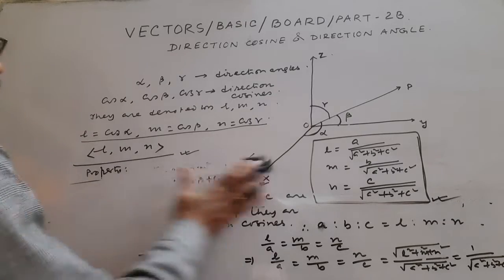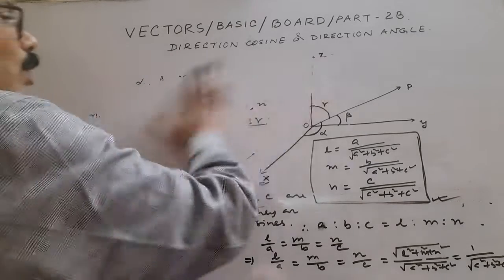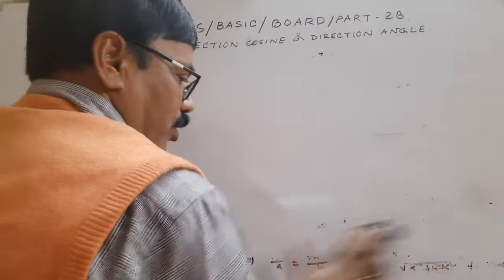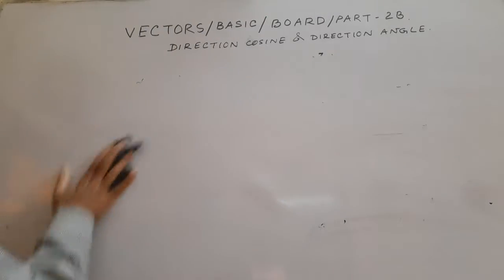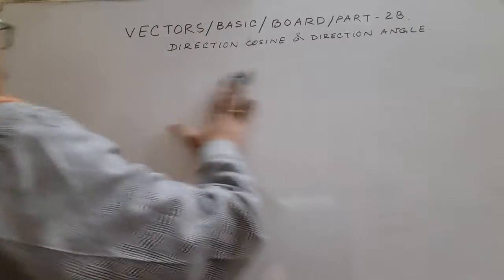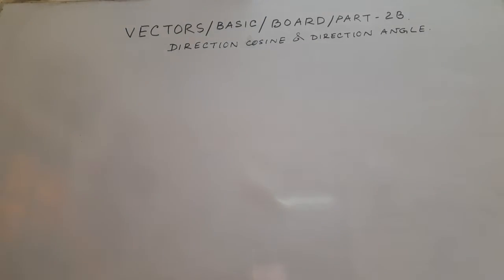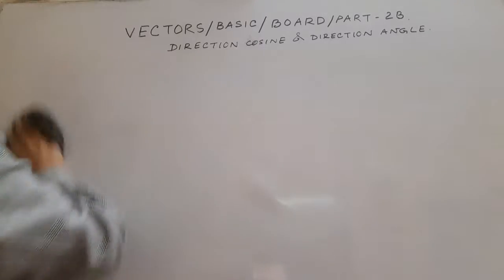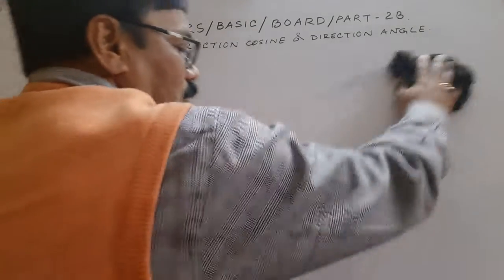The next theory: you also get one problem from the three-dimensional part regarding direction cosines and direction ratios, not from the vector part.